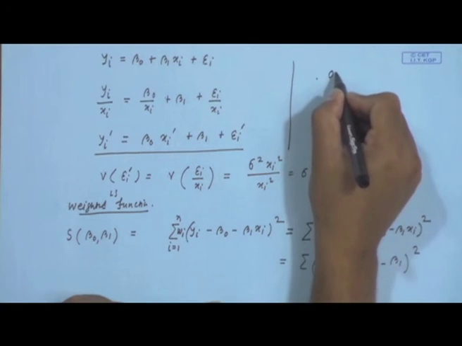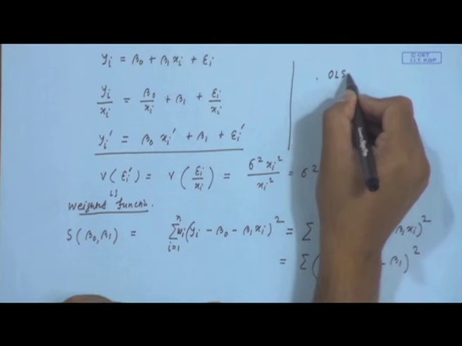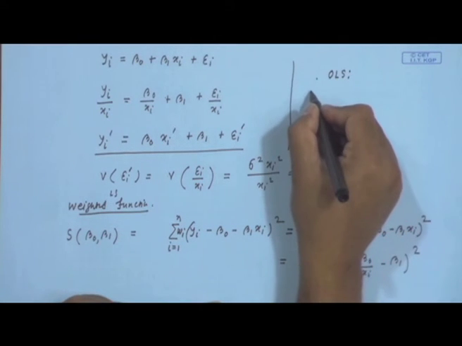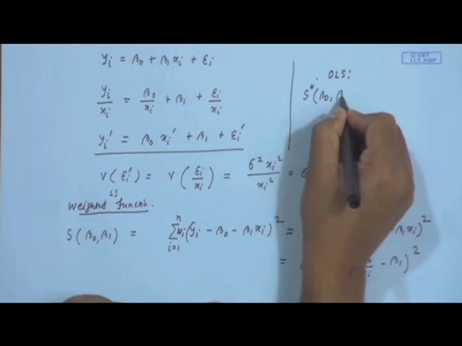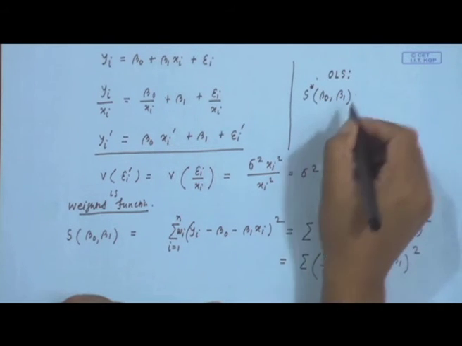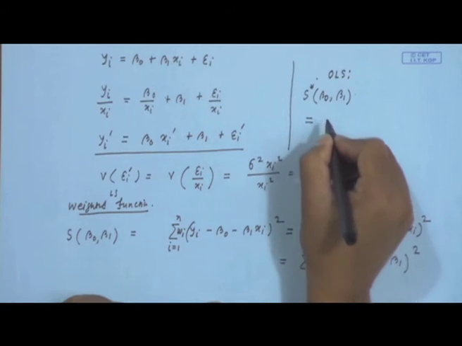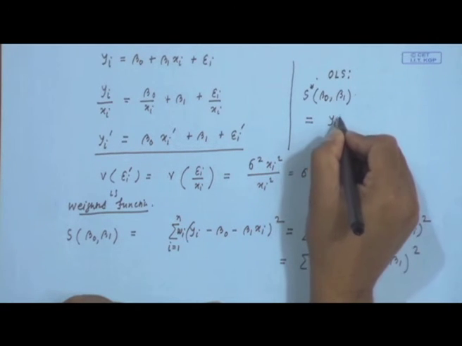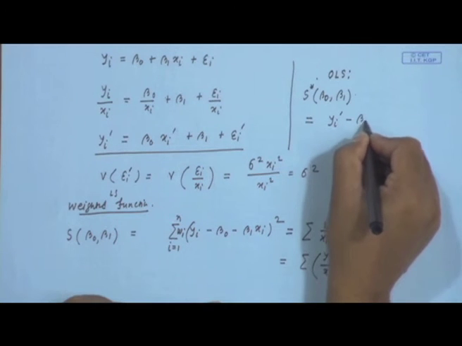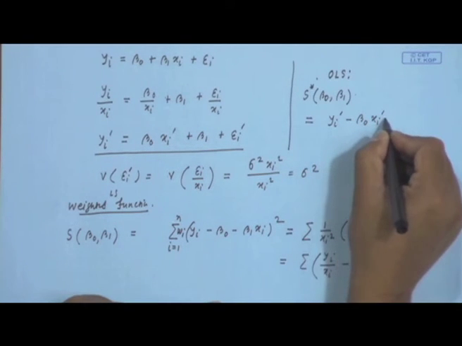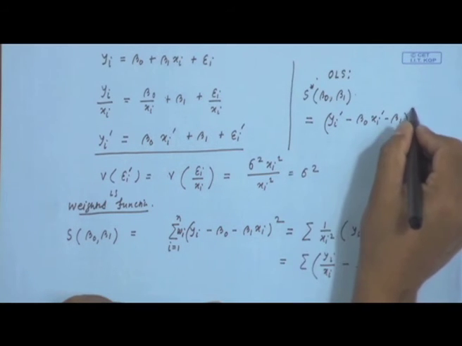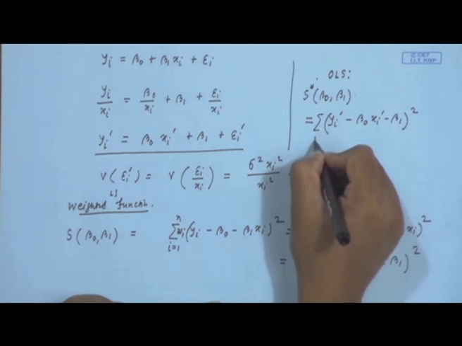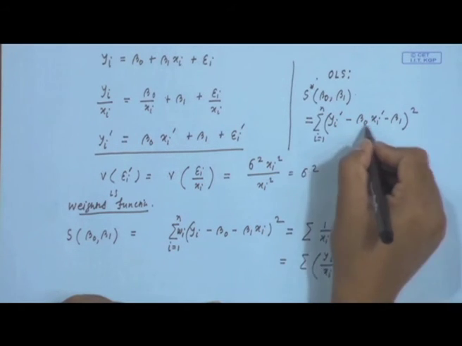So, we can go for the ordinary least square technique, and the function we will minimize, say call it S star of beta naught, beta 1, is equal to (yi prime − beta naught xi prime − beta 1) squared. So, we will minimize this to estimate beta naught and beta 1.